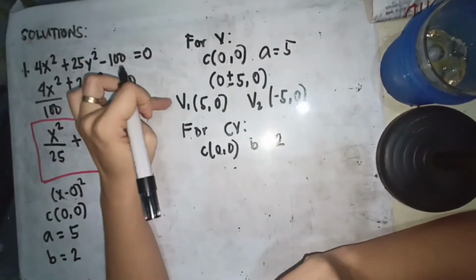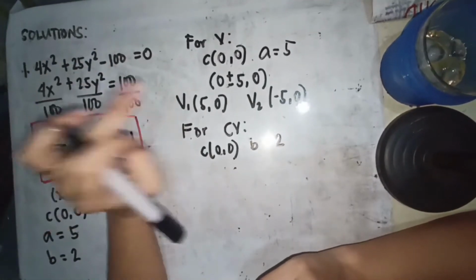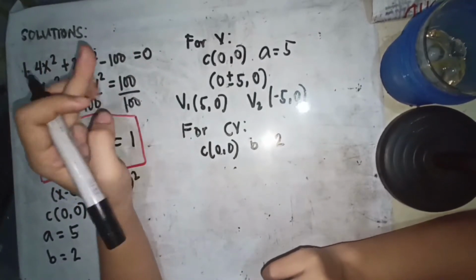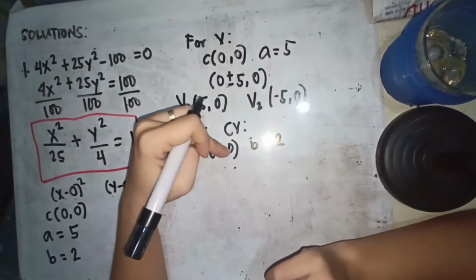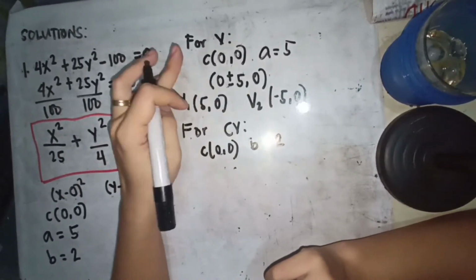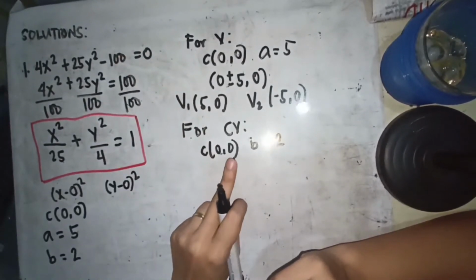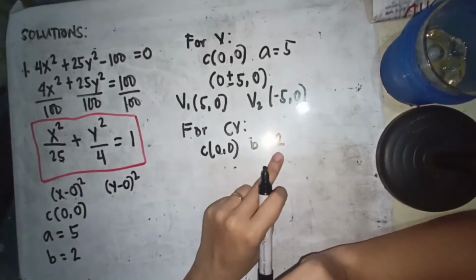So, since ang ato ang vertex or vertices is horizontal, perpendicular man ang co-vertex, so therefore, we have vertical pod, no? Vertical. So, sa ato ang co-vertex, ang y coordinates nato ang atong plusan og minusan og distance b.